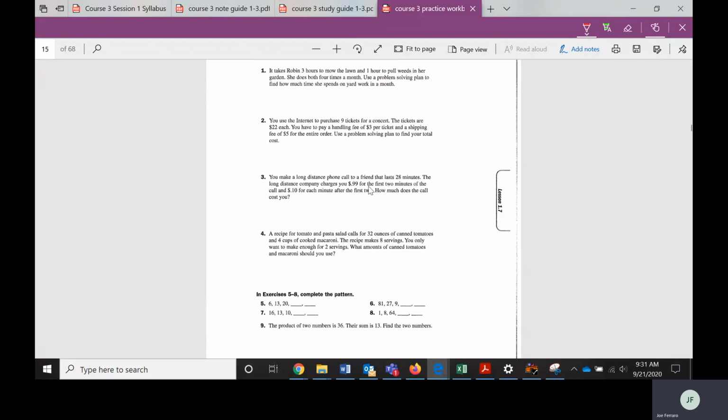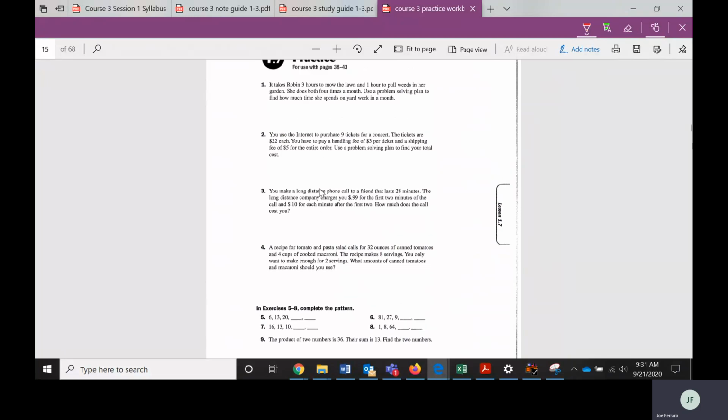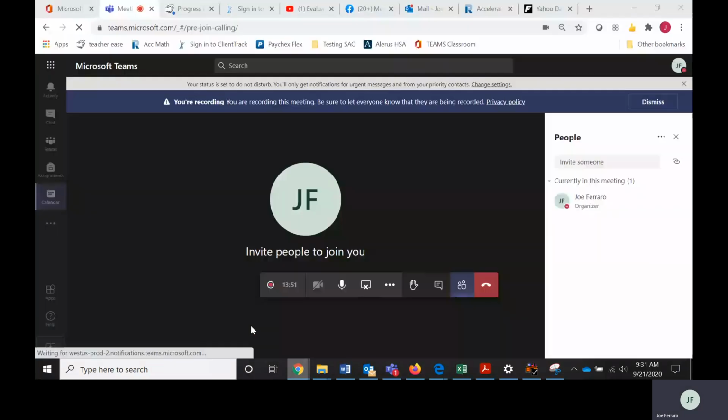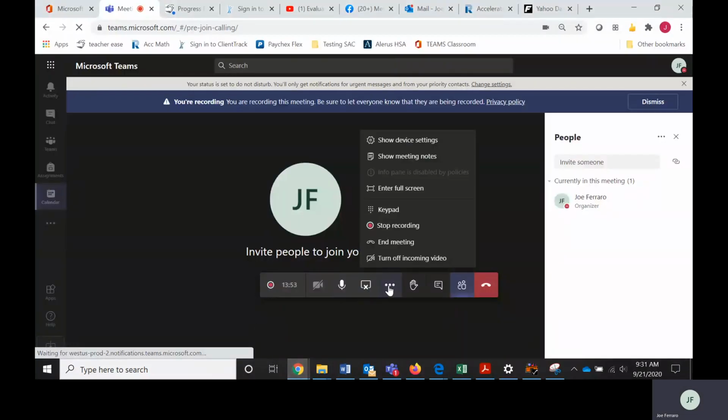The review will have some problems like this, and you try those, and that'll be the main thing. If you get those, then you're going to be good for the test. These again will be worth extra credit, and they can only help. If you're not getting the answers in the back, ask me questions, and we'll figure it out. Okay. All right. Any questions? Let me know.